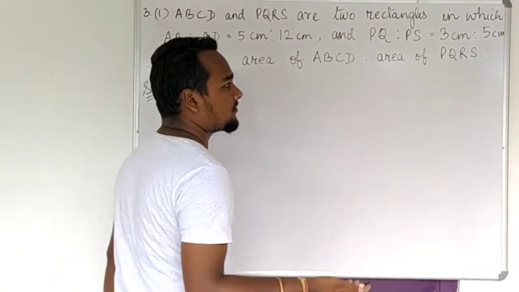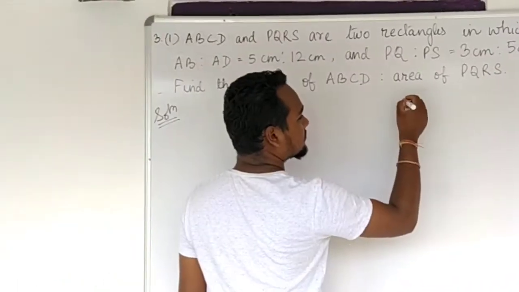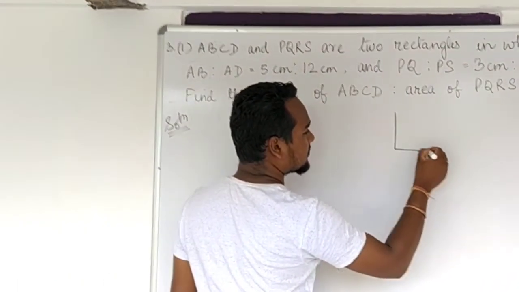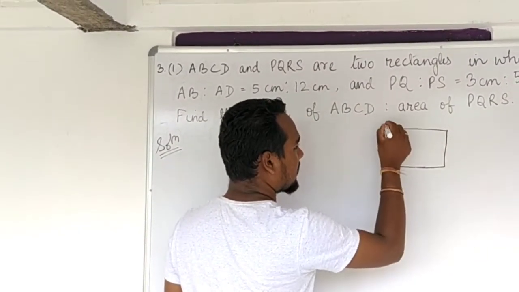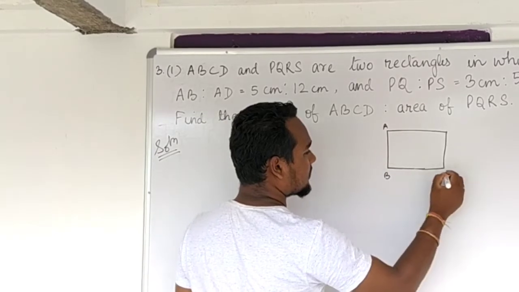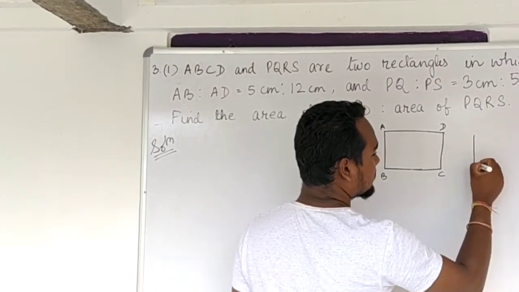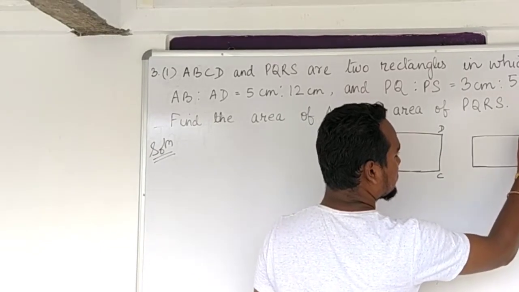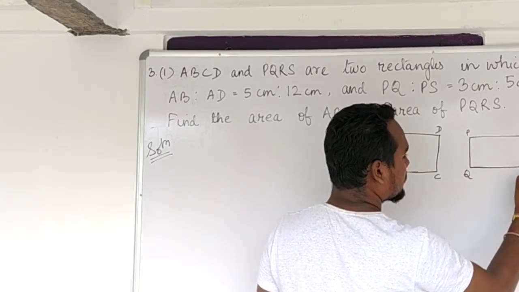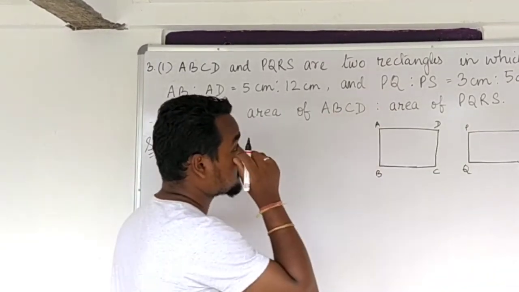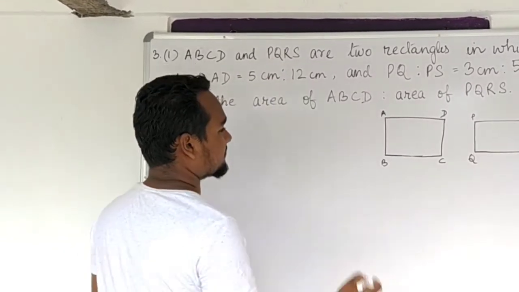To solve that, you have to first draw the figure. Let me draw it. A, B, C, D, and P, Q, R, S. So AB is to AD is what? 5 centimeters to 12 centimeters.